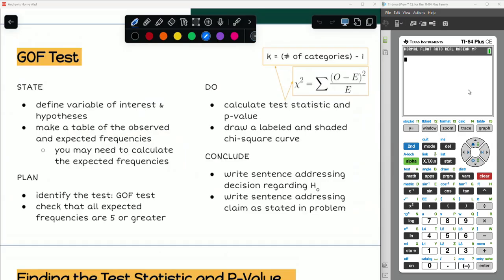The other possible option is I will be given a proportion for each of the categories, and I will need to take my sample size and multiply it by the proportion. So n times p for each category.